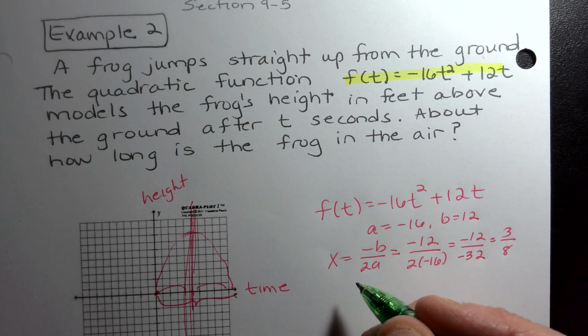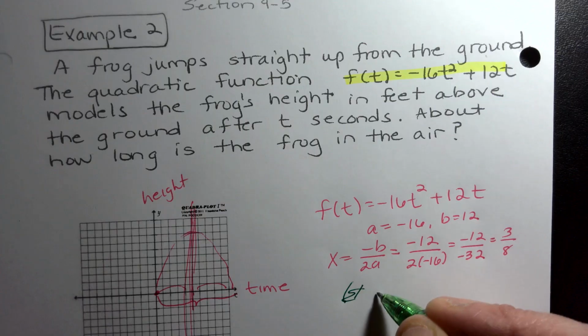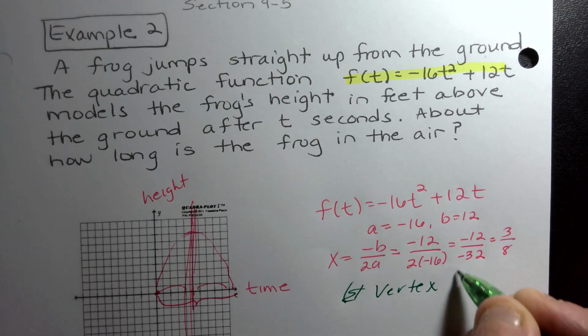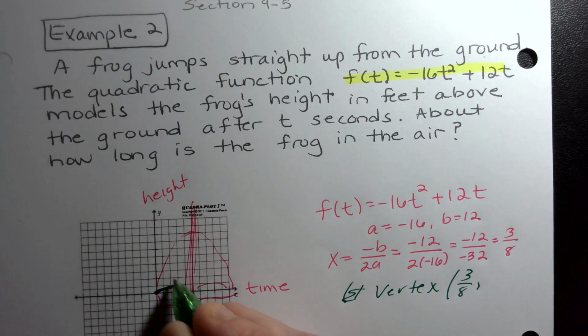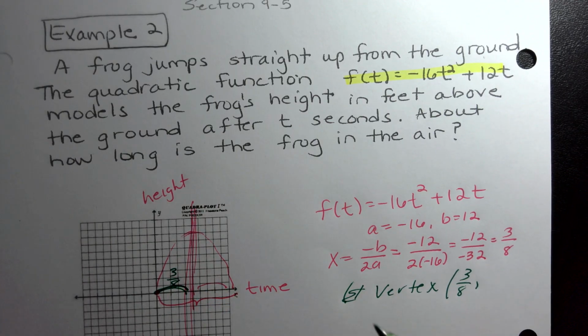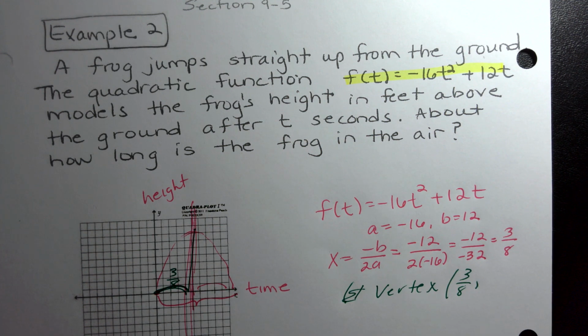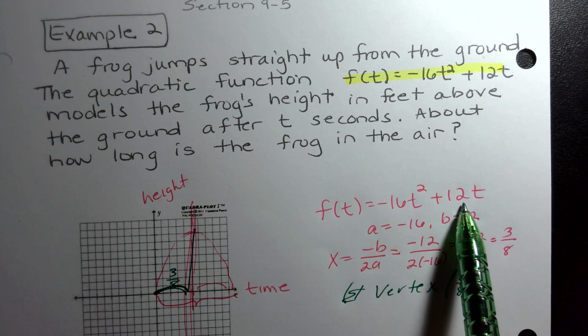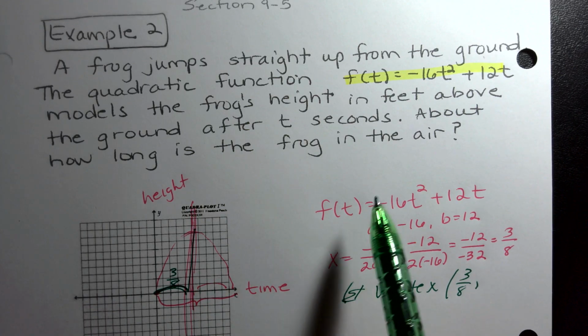So x is that first thing, right? If we were going to get to the vertex, 3/8 is my x. That's this part right here, 3/8. I don't care how high it goes. It didn't ask me that. I could figure it out by plugging 3/8 into this, and it would tell me how tall it went. But that's not what they asked in the question.